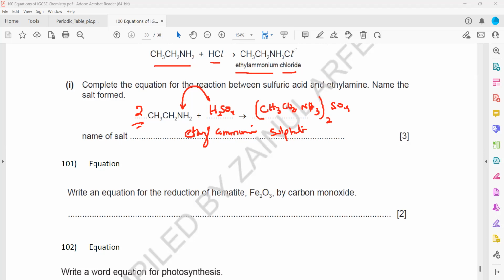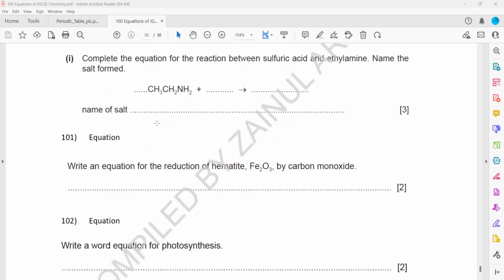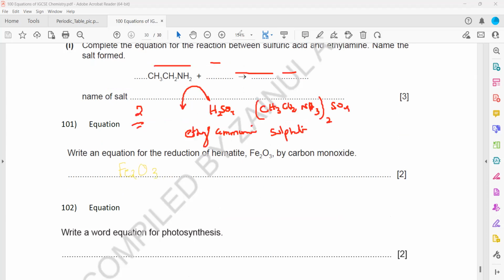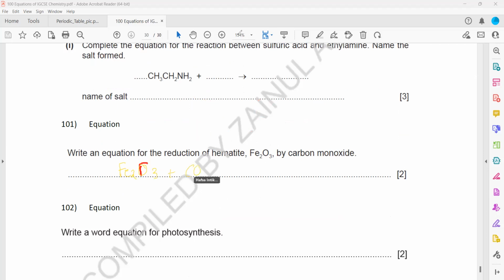Then write an equation for reduction of hematite by carbon monoxide. How can hematite be reduced? So it will be Fe2O3 reacting with 3 carbon monoxide to give 2 iron plus 3 carbon dioxide.